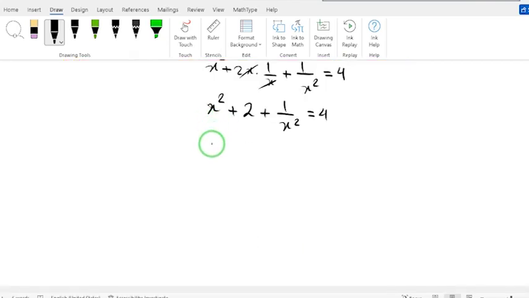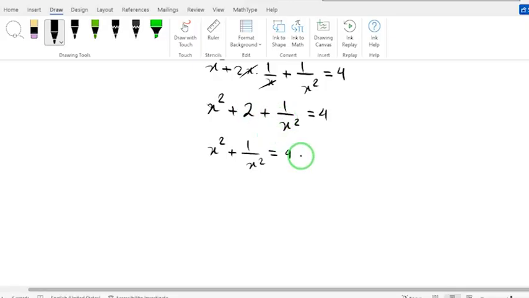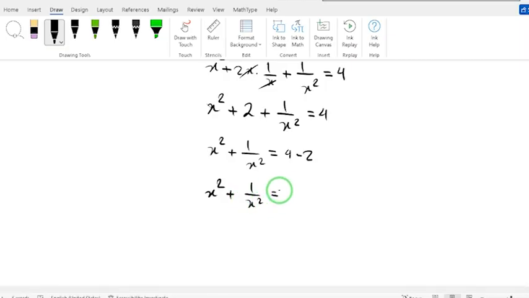Then we can write x squared plus 1 over x squared equal to 4, and we subtract 2 from both sides of the equation. Here remains x squared plus 1 over x squared is 4 minus 2, which remains 2.